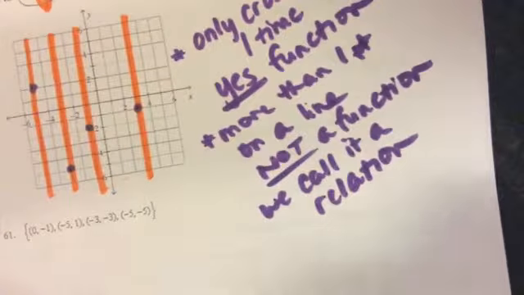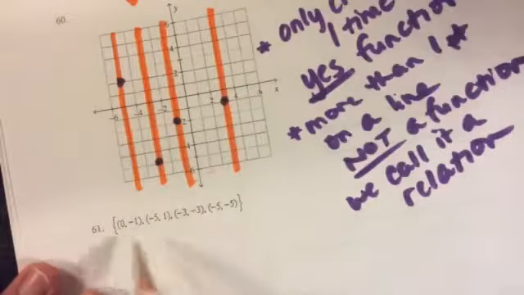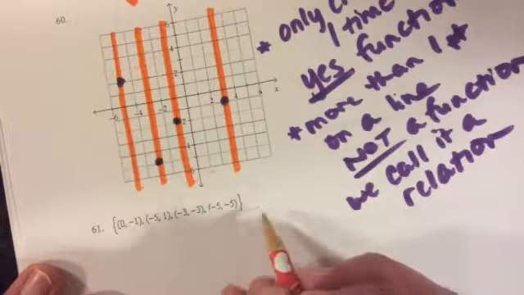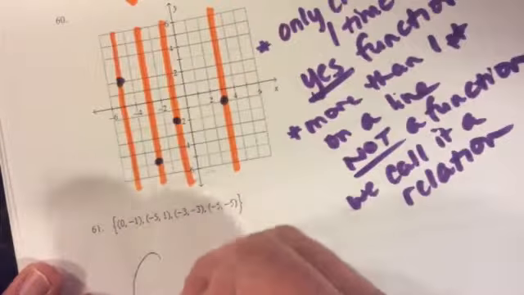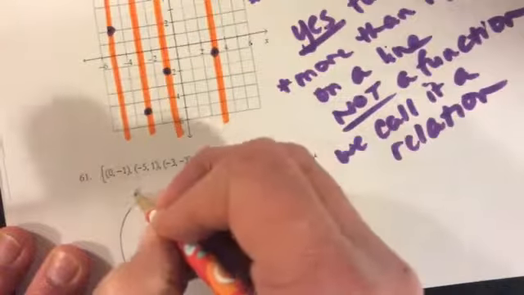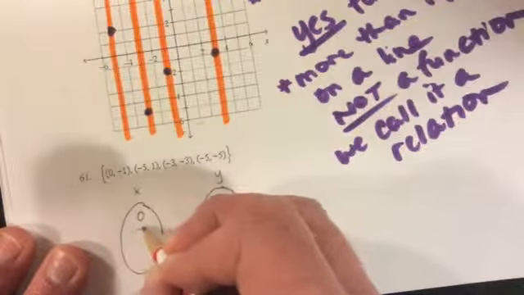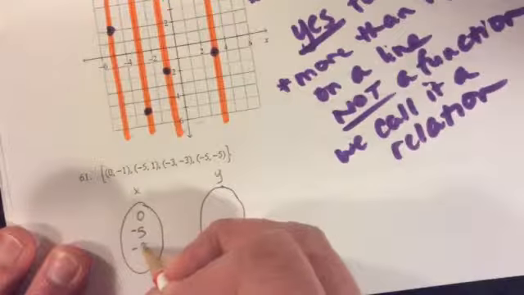Alright, the other way we can determine if something is a relation or a function is by checking out our ordered pairs here. The way I'm going to do it is put it in a mapping notation. So I'm going to label all my x's here and my y's here, and I'm going to connect them. So I have 0, -5, and -3.